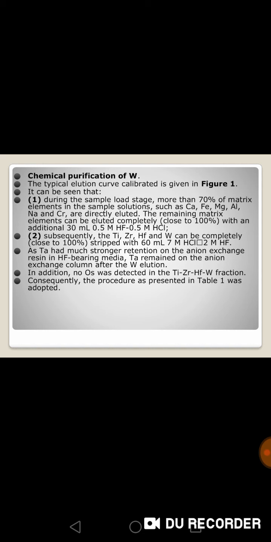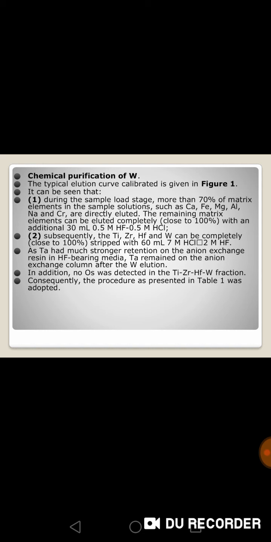So here is the chemical purification of tungsten. The figure is given next, and we are going to discuss the purification of tungsten.